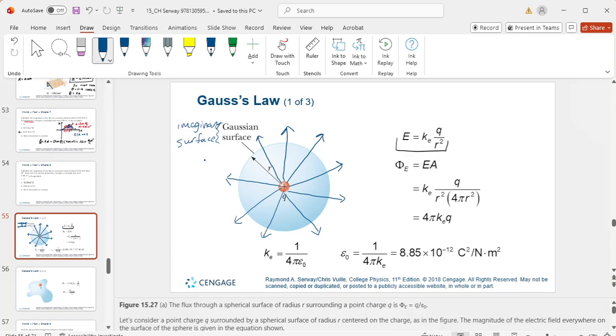But what you can do, and what Gauss's law allows you to do, is draw a spherical shell around a point charge. And the reason you want to draw a spherical shell is because the field is spherically symmetric.